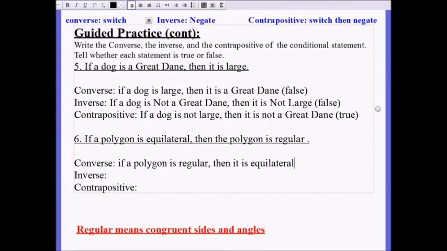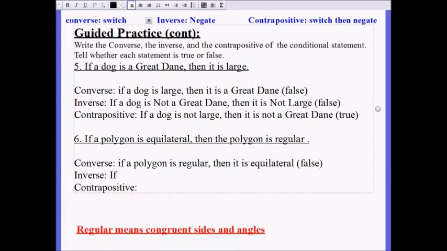Equilateral means that all your sides are congruent. But the definition of regular means that you have to have both congruent sides and congruent angles. A polygon can be equilateral without its angles also being congruent. So the converse here is false. It can be equilateral and not necessarily regular.